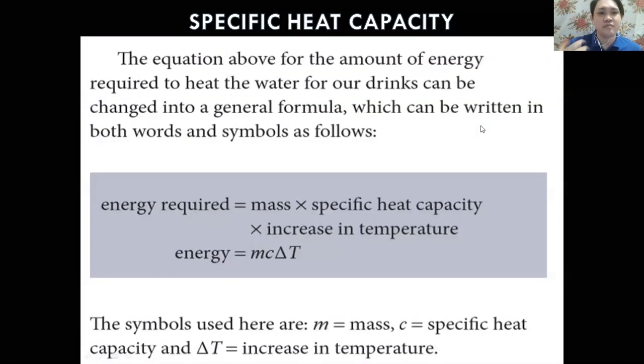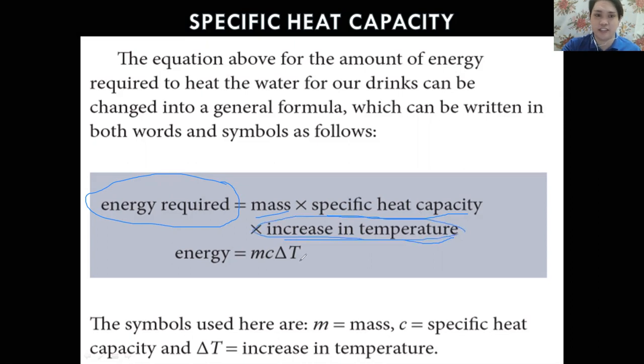Okay, we can now rewrite the formula as this. Energy required or energy transferred is equal to mass times the specific heat capacity times the increase in temperature. How do we compute the increase in temperature?